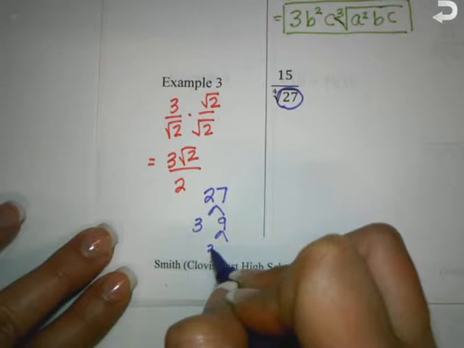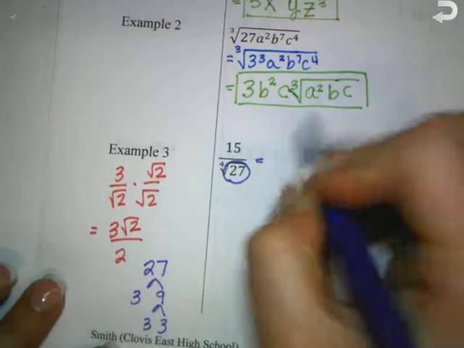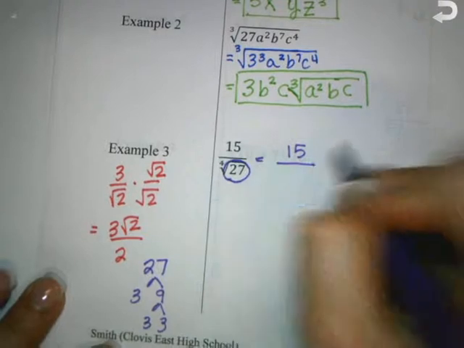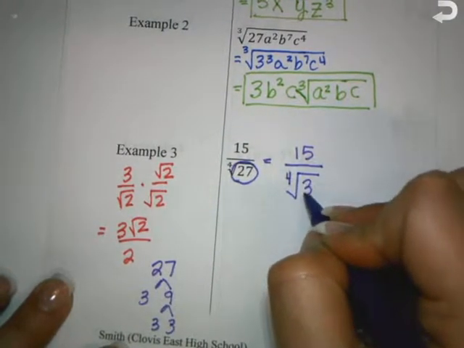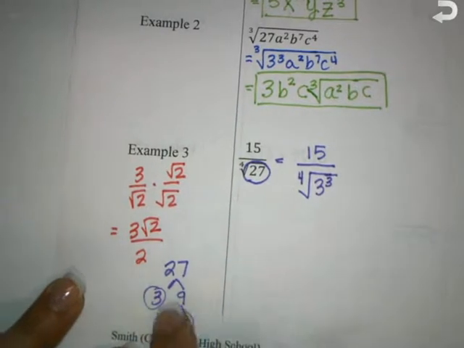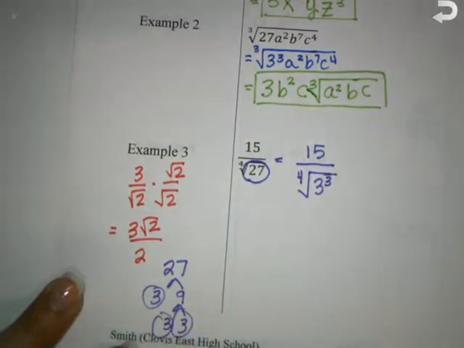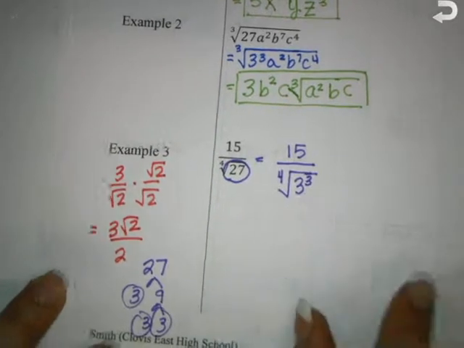So I'm going to first rewrite this: 15 over the 4th root of 3 cubed. Is everybody okay with that? Because I have 3 three times? So 3 cubed.